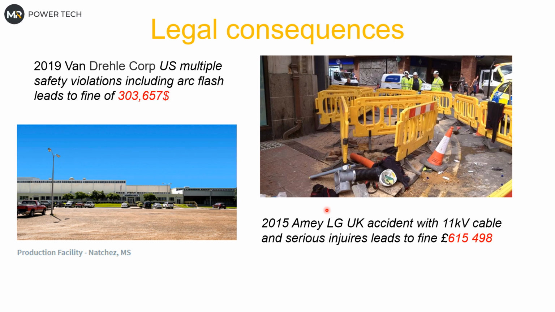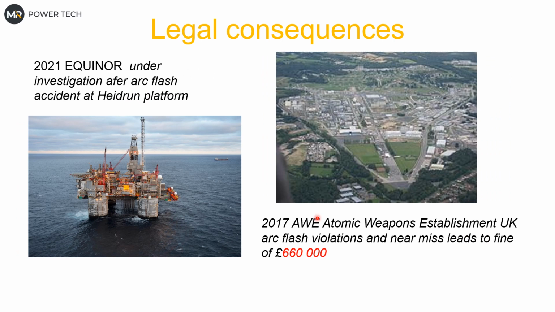So the AMA was fined £600,000 at that time, quite a lot. I think the UK changed the way they fine companies, against the turnover. In January it's still under investigation on the Equinor, so I think it's from Statoil. On one of the platforms there was an accident, and now it's under investigation. The Atomic Weapon Establishment in the UK was also fined £660,000 for a near miss on arc flash, so that's quite a lot.